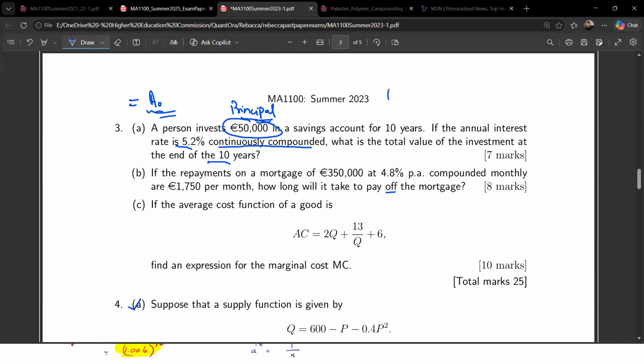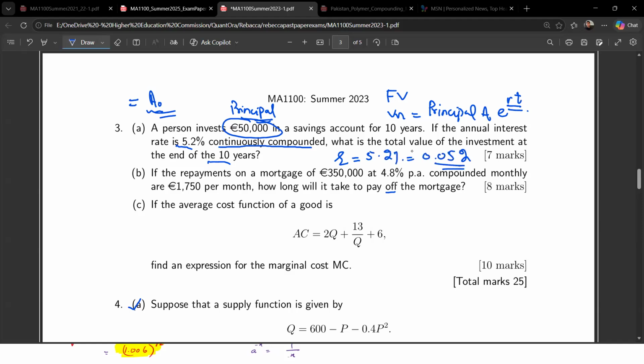So to find the future value in this case, or VN, the formula would be P, the principal amount, into e raised to the power rt, right? So this would be the formula. My r here is 5.2 percent; we'll convert it to 0.052.